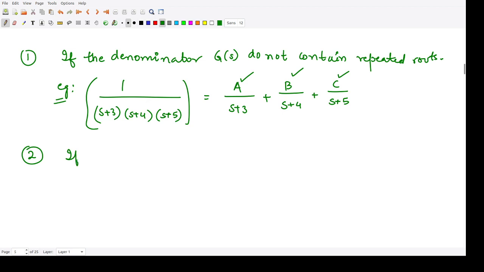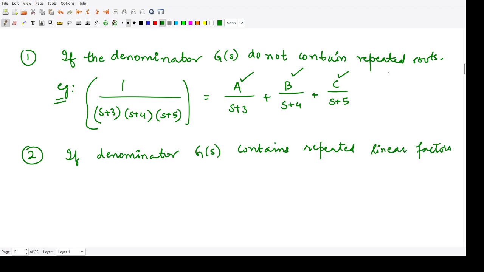Next, if the denominator g of s contains repeated linear factors, in that case, what do we do?